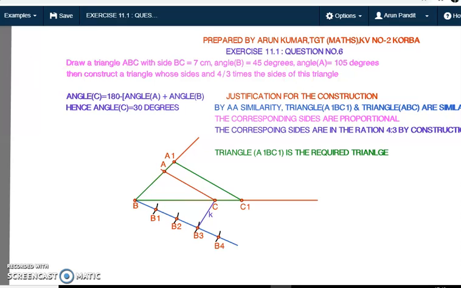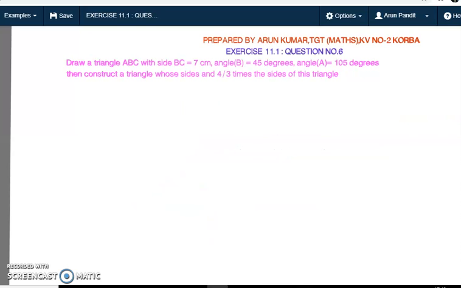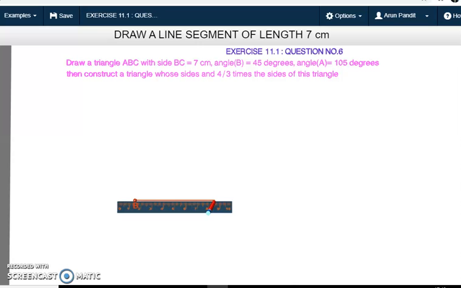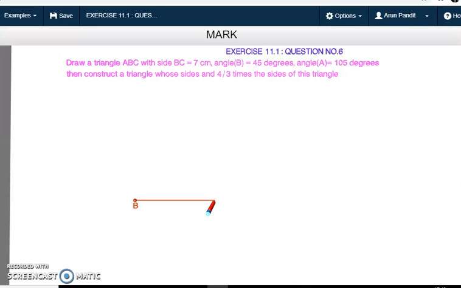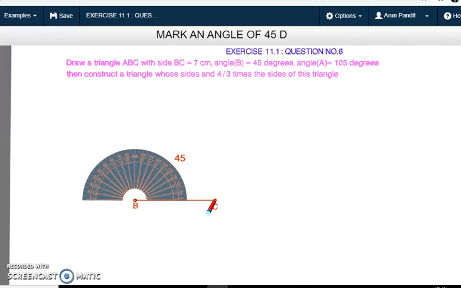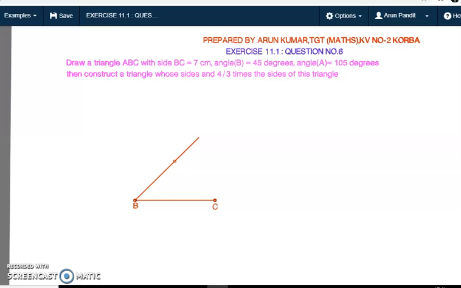So let us see the proceeding. Draw a line segment BC of length 7 centimeters. Now at point B, you construct an angle of 45 degrees, and by the angle sum property, at vertex C what would be the measure of the angle?